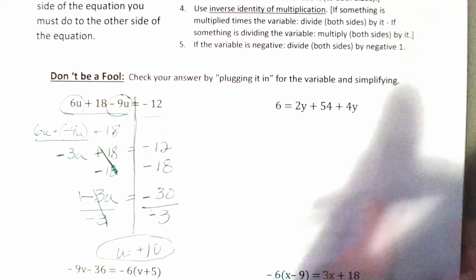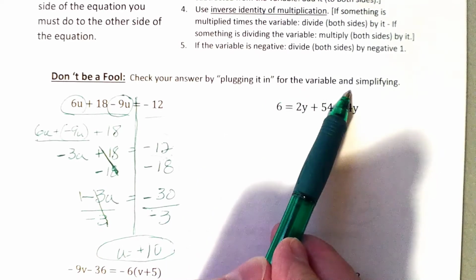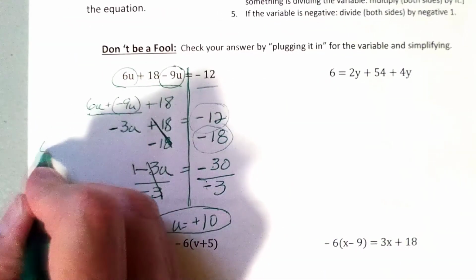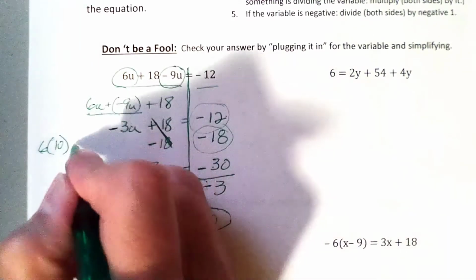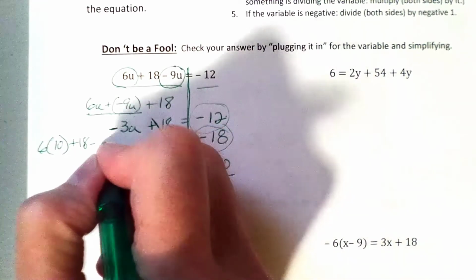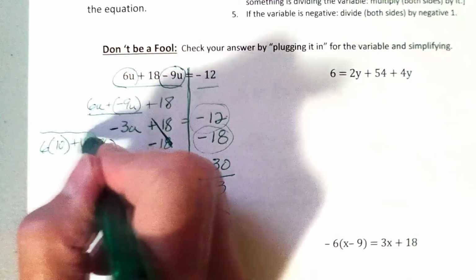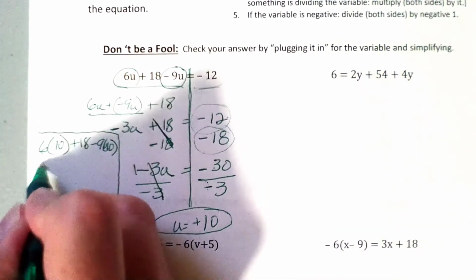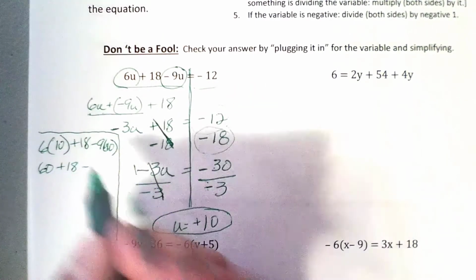My last rule is, don't be a fool. Check your answer by plugging it in for the variable and simplifying. Get the answer, make sure it's right. I can do that with equations. I can go back and say 6 times u, well, if u is 10, plus 18, and I'm running out of space here, minus 9 times 10, minus 9u, is supposed to equal negative 12. 6 times 10 is 60, plus 18, minus 9 times 10 is 90.